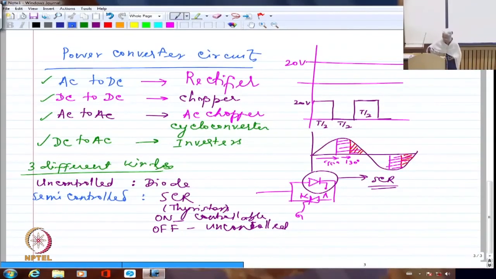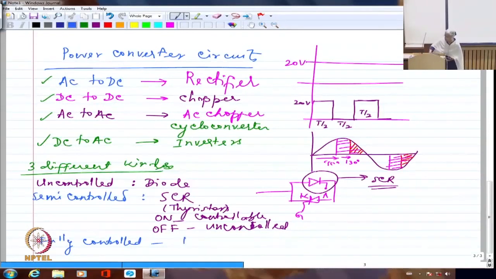It can be controlled during turn on as well as turn off. For example, a transistor. You give a base drive, it will conduct. You don't give a base drive, it will not conduct. Right? So it can be turned on and turned off as per your requirement.